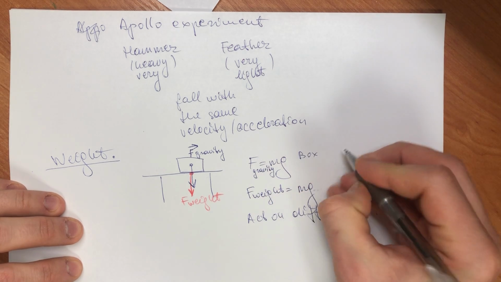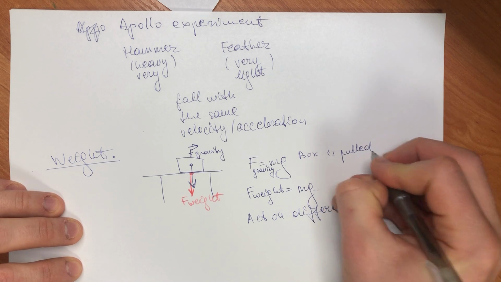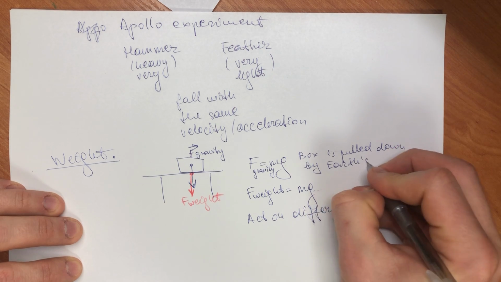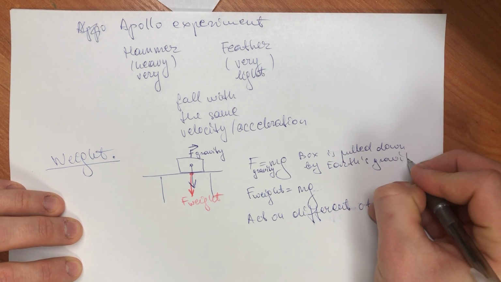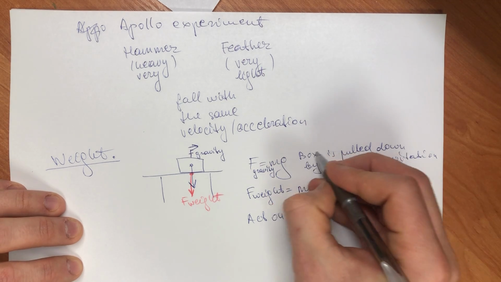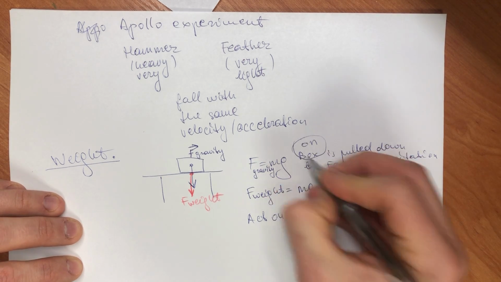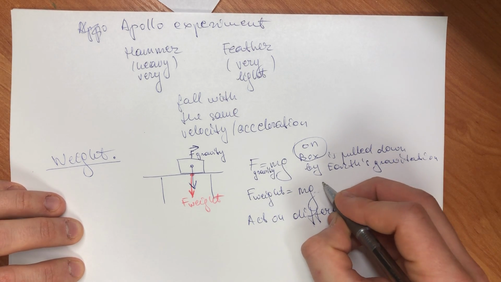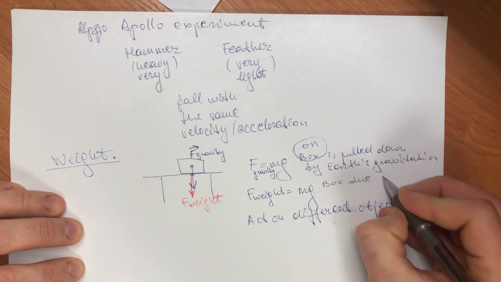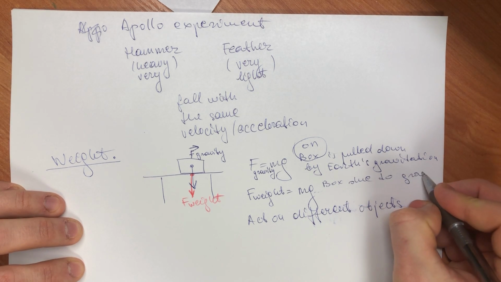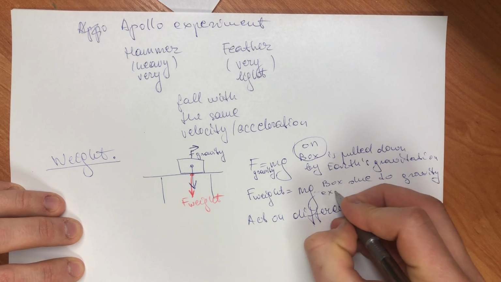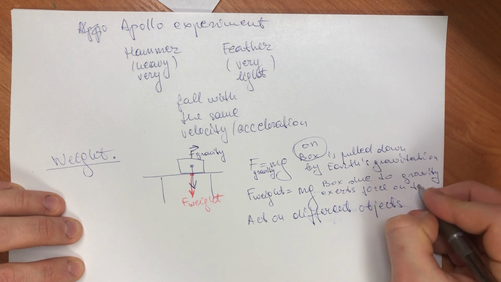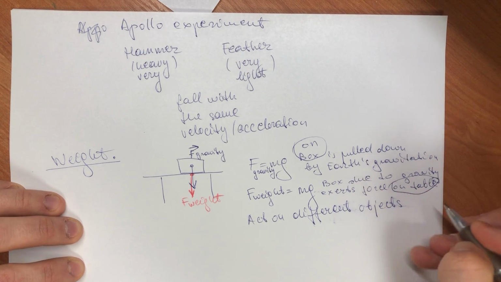The box is pulled down by Earth's gravitation, so gravity acts on the box. Weight: the box, due to gravity, exerts this force on the table.